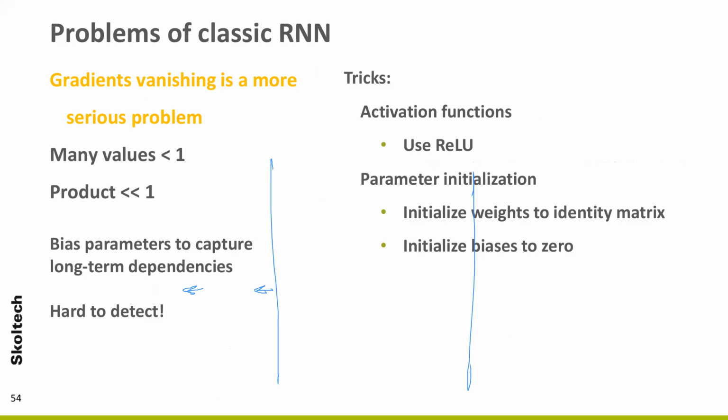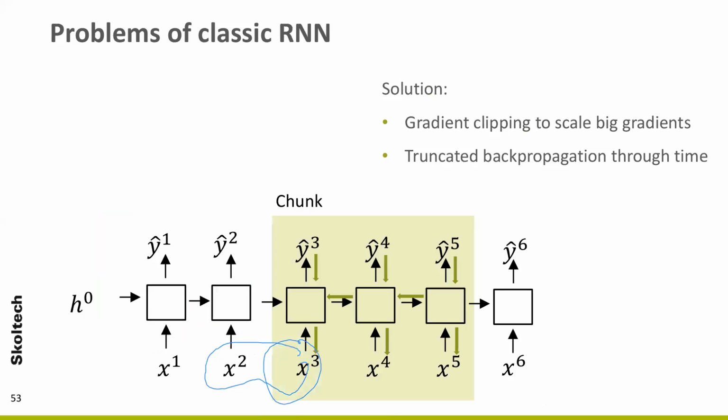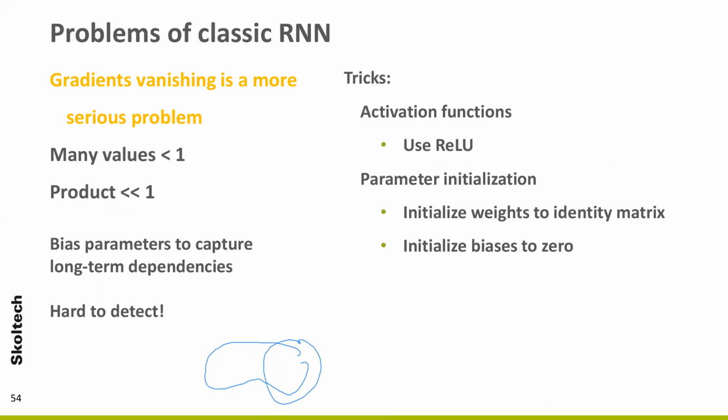But we have another problem here. As we see, we have a lot of products. If some term of this product is small, very close to 0, then the whole product is also close to 0, and our whole derivative is very close to 0. So we have gradient vanishing.